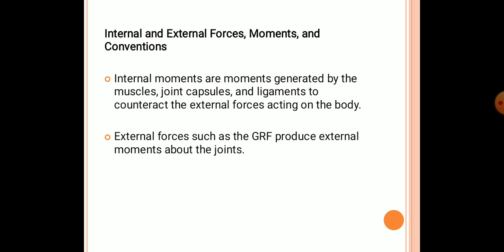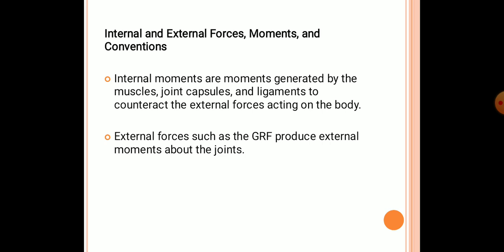The internal moments are the moments which are generated by the muscles, joint capsules, and ligaments to counteract the external forces acting on the body. And external forces such as ground reaction force produce external moments about the joint. So mainly there are two kinds of forces which are acting on a particular joint or a particular movement.